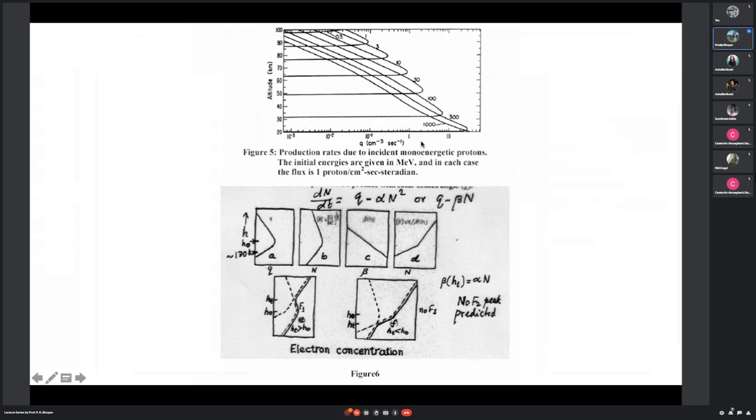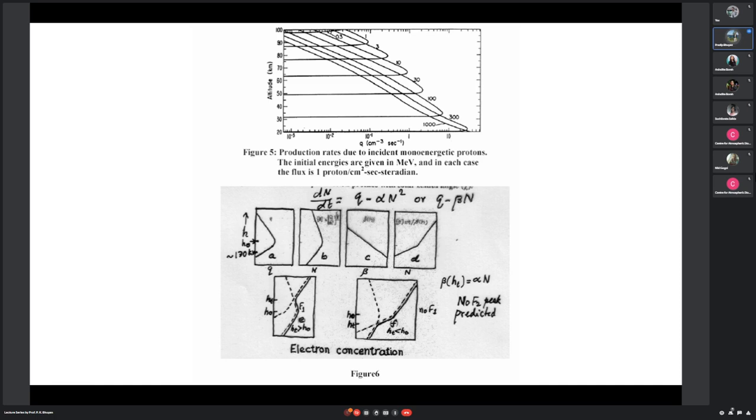If it is 1000 units strong, then it can ionize to about 20 kilometers or so. It won't be able to ionize till 20 kilometers, but 40, 50 or 60 kilometers it can come.